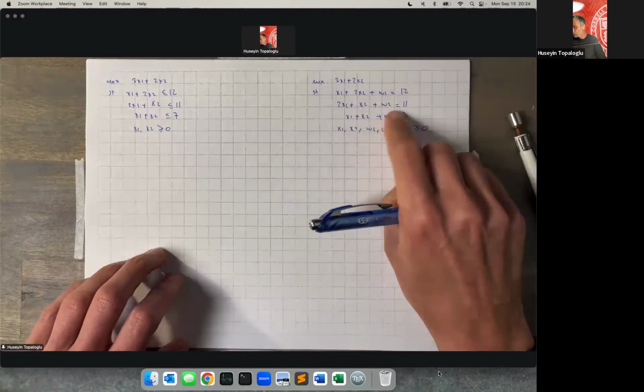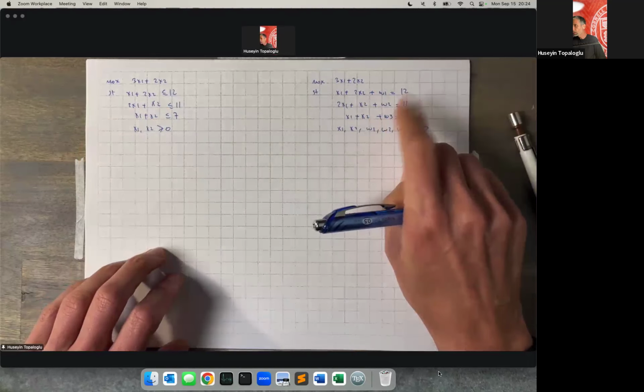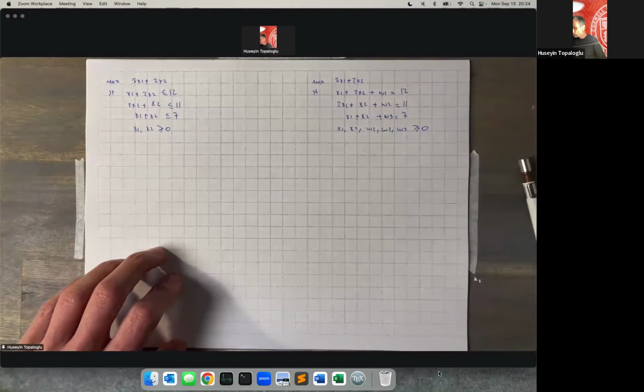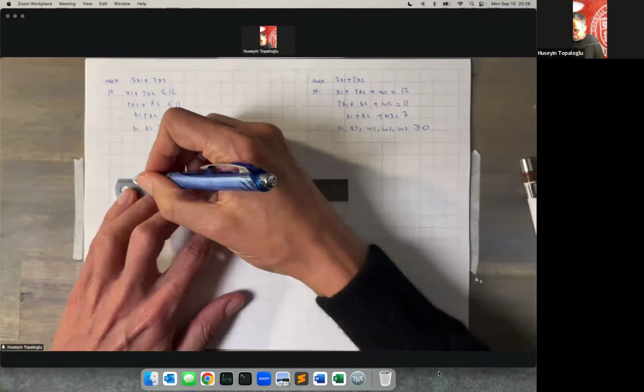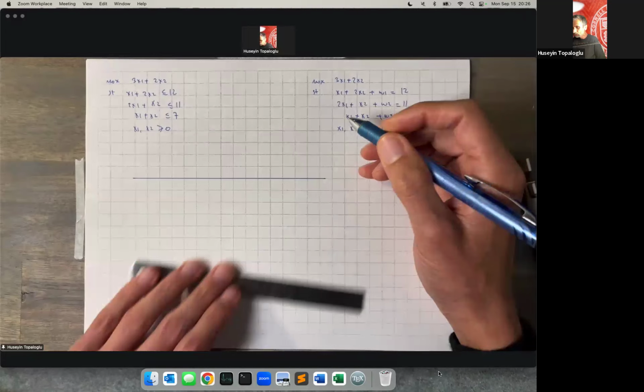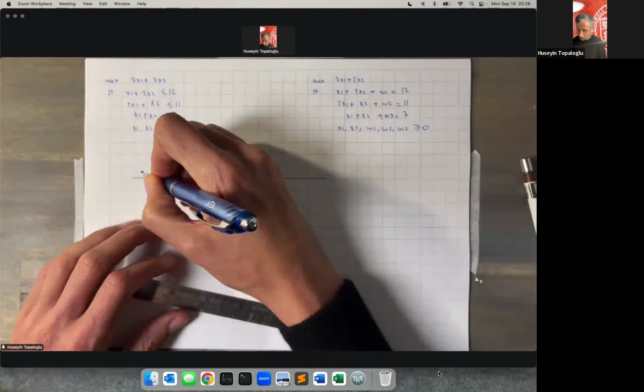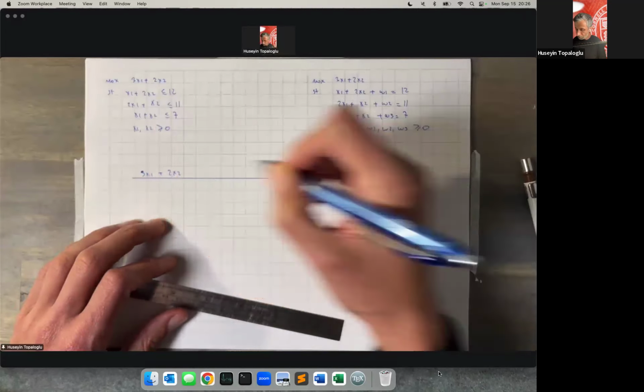So in my simplex method, I work with this linear program that has the equality constraints. In the first iteration of the simplex method, what did we do? We wrote down our system of linear equations.